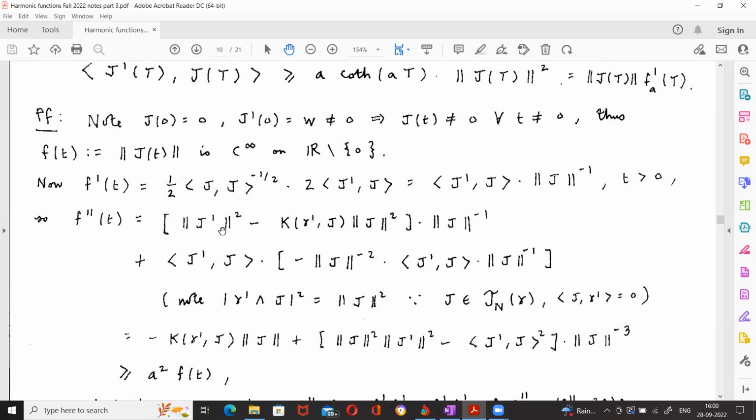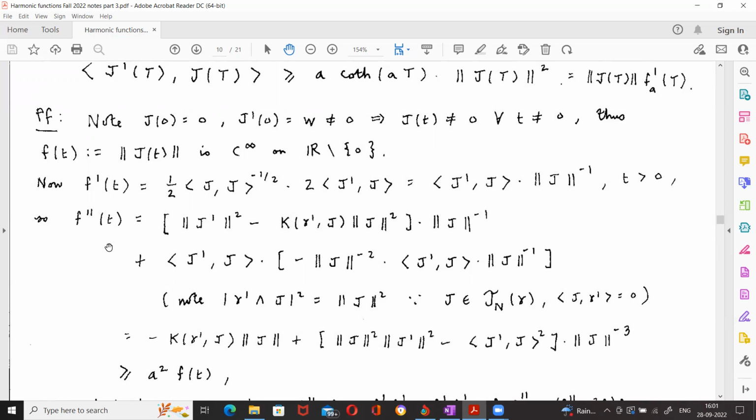This we are ignoring here; we're using Cauchy-Schwarz to say this is greater than or equal to 0.